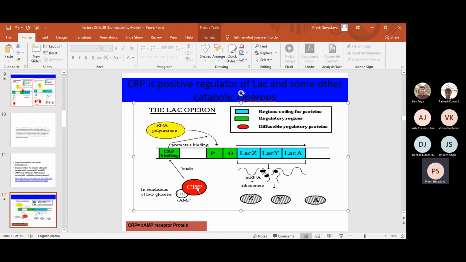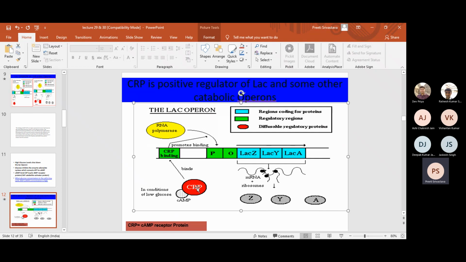For example, operons for arginine biosynthesis are also regulated by CRP. So the terms global regulator and local regulator are used. Local regulators are specific to a particular gene set, and global regulators can regulate a number of genes across the chromosome. So they are not location specific.